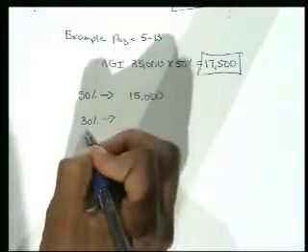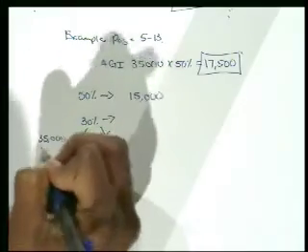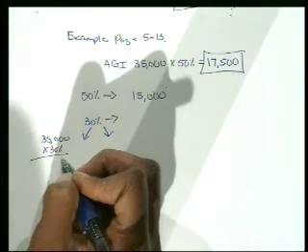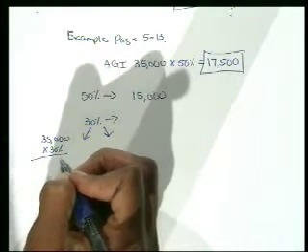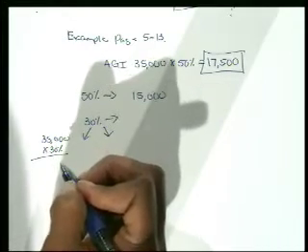So the way that one works is that we're going to look at 30% of her AGI, 35,000 times 30%, which is 10,500.